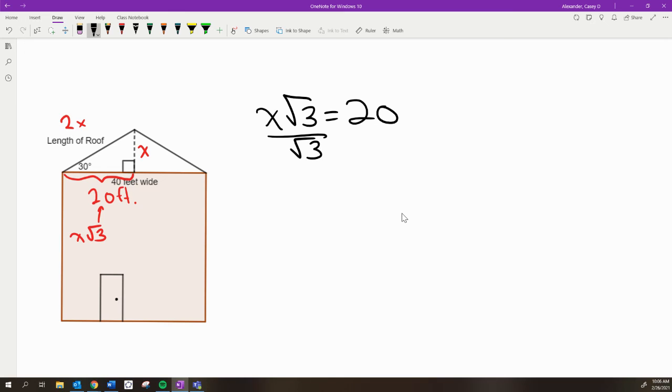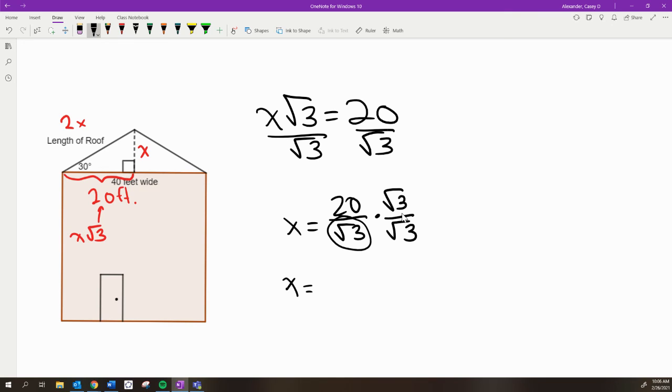And I'm going to divide by the square root of 3 on both sides. So x equals 20 divided by the square root of 3. And then I'm going to rationalize that denominator by multiplying by root 3 over root 3. This irrational denominator is unpleasant, so let's make it a regular old 3, because root 3 times root 3 is 3. And then on top, I have 20 times the square root of 3.